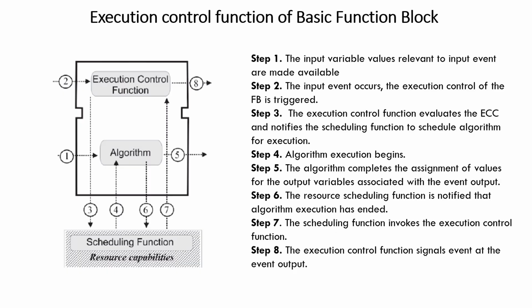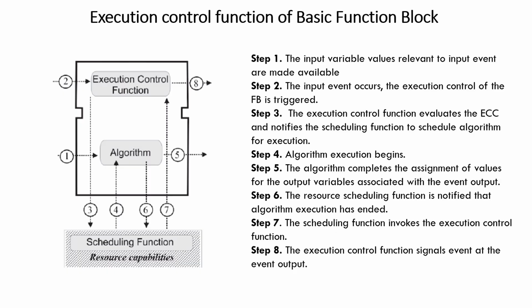So they have already been calculated by the function blocks which provide these events, which provide this data, sorry. And then the input event occurs and it's associated with this data. By that, the execution control function of the function block is triggered.